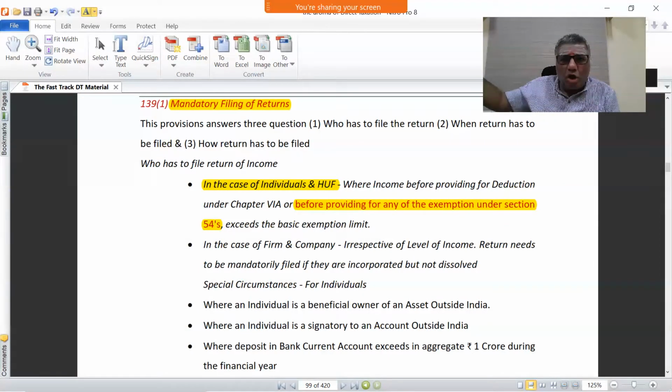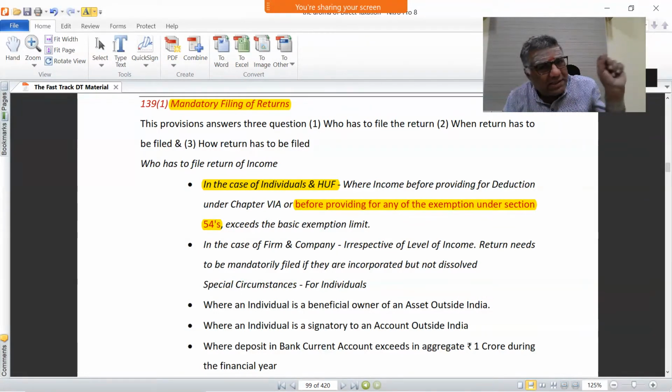That applies if the gross total income before providing section 54 exceeds the specified basic exemption limit. And irrespective of your gross total income, if you have an asset outside India, file income tax return. You are an ROR who has an asset outside India, or you are an ROR signatory of a bank account outside India. In these cases, mandatorily file your returns if you are an individual.